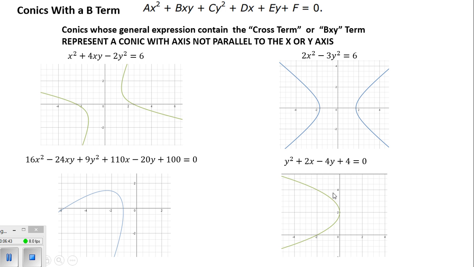So here's the non-B term conic. It's easy to identify as a parabola just by the equation, because as you can see here, there is only one term being squared. Over here, unless we come up with a method, which we will in the next slide, we wouldn't know that this was necessarily a parabola.